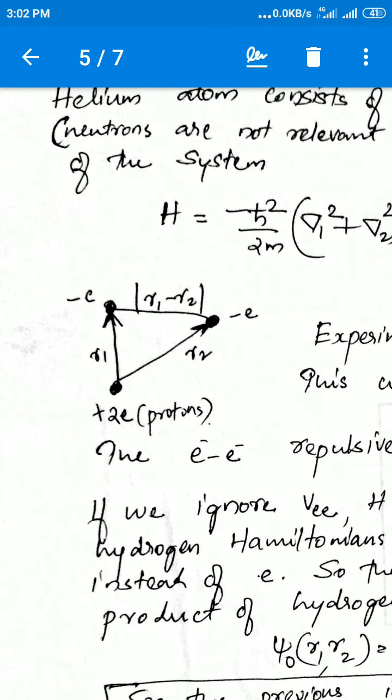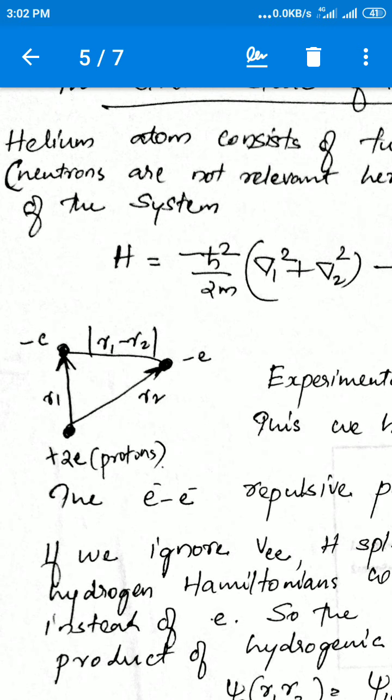Using this diagram we can write the potential energy of this system. First see the kinetic energy. The moving parts here are the electrons only. The nucleus is stationary. So the first and second electrons have kinetic energy p1 squared by 2m and p2 squared by 2m. So first let us write the kinetic energy.